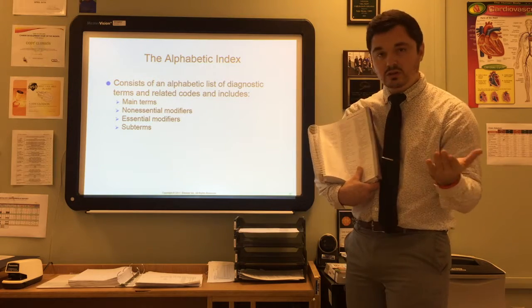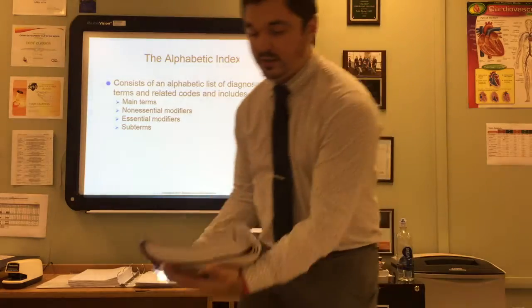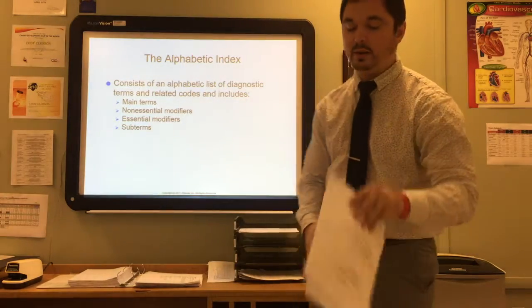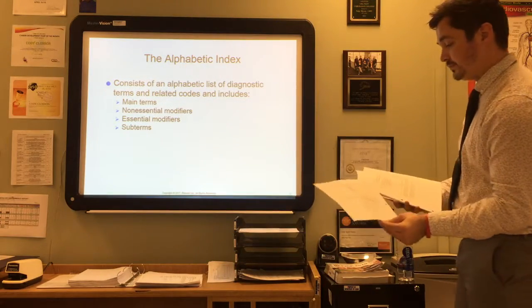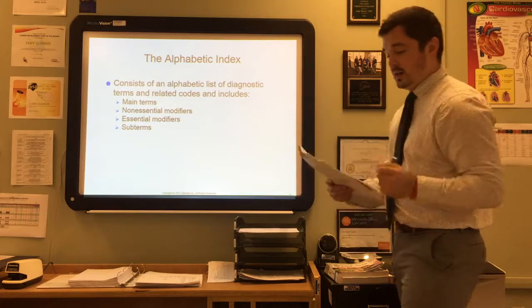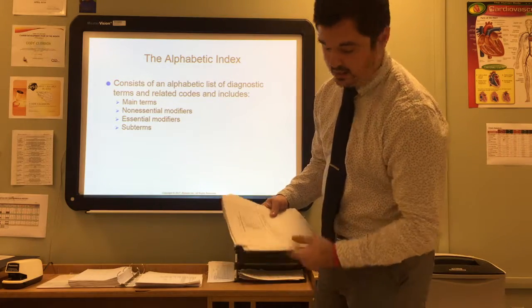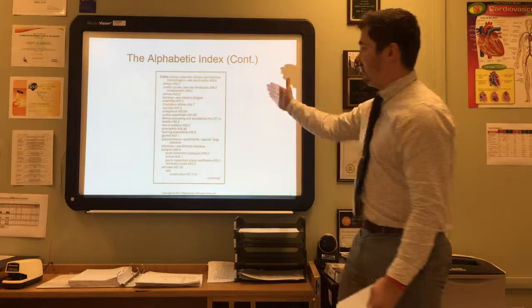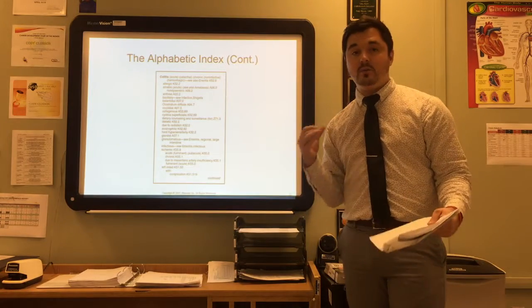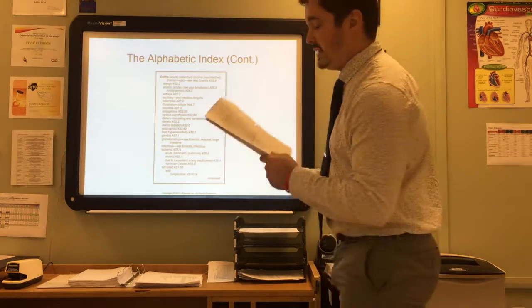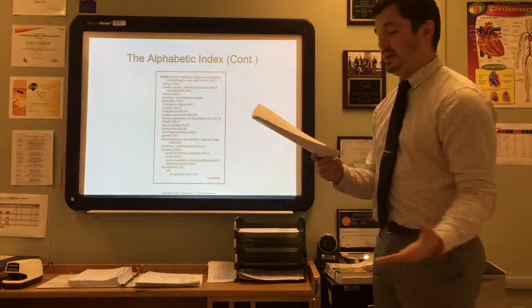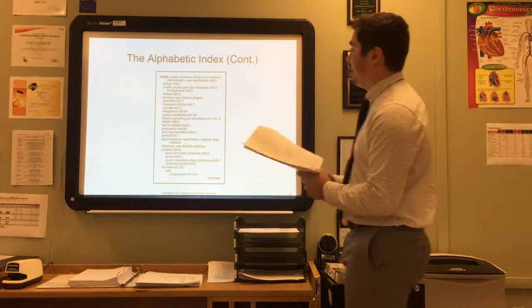That would be Q61.2. So that is how the alphabetical index works. If you look on page 258 in your textbook, you're going to see, in the bottom right-hand corner of that page, figure 14.3, and it shows an example of the main term colitis.